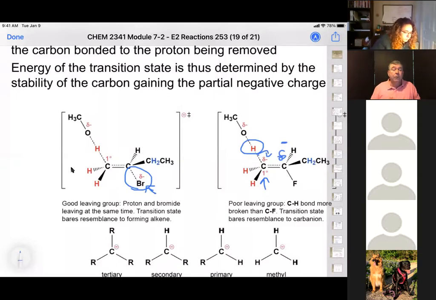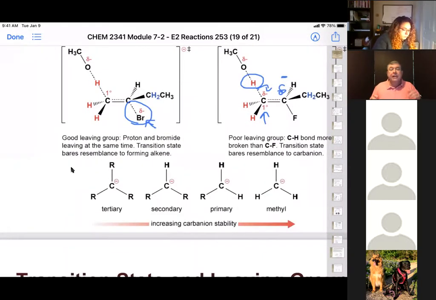Well, when we're talking about anions, it's actually the opposite. So when we have a carbanion, it's actually more stable with less substitution. Because we're forming a little bit of negative charge on this carbon, we want to have a less substituted carbon in the system, because these are more stable, and as you substitute it, they become less and less stable.